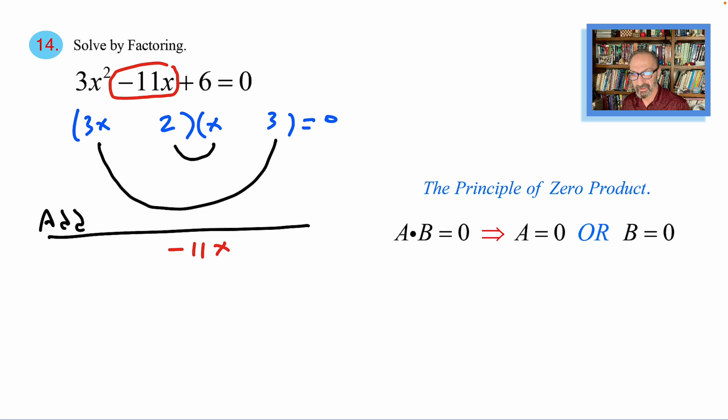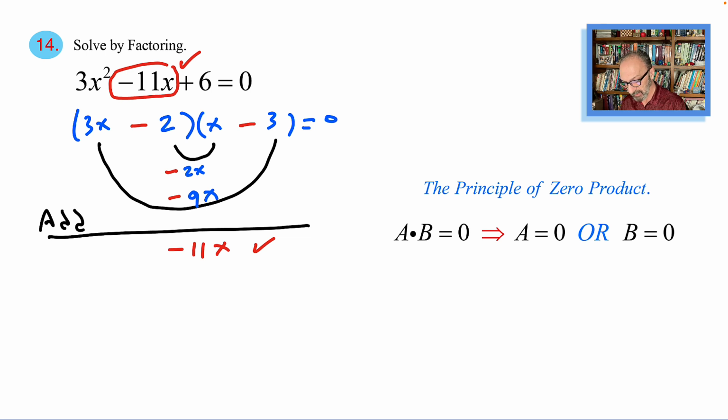I usually postpone the negative sign till the end. 2 times x is 2x, and 3x times 3 is 9x. Notice from 9x and 2x, I could make -11x by forcing both to be negative. -2x and -9x is -11x, and that's what I want. So I go back here and write negative here and negative here. Notice that -2 times -3 is +6.